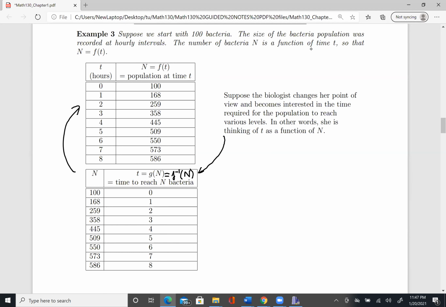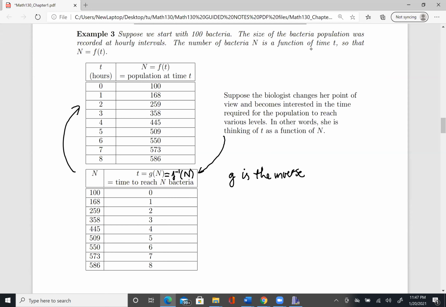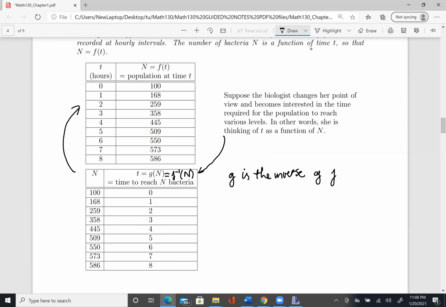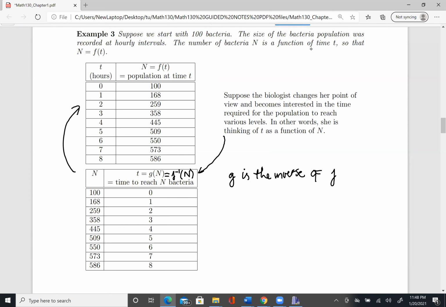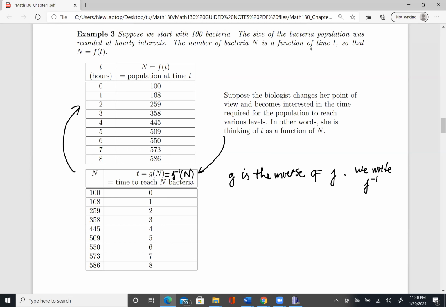I'm going to say function g is the inverse of f, and we can write it as f to the power -1, which is f inverse.